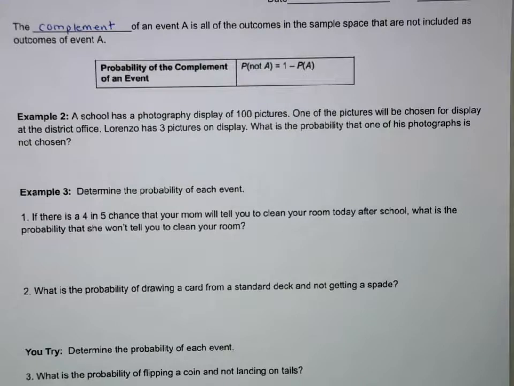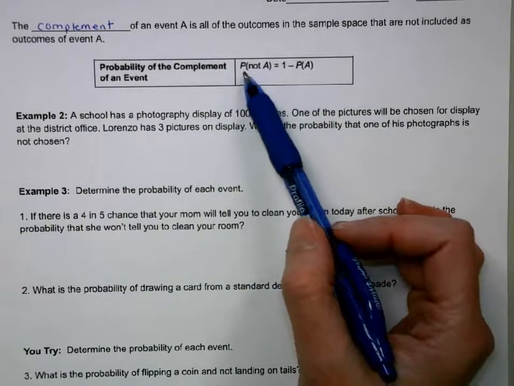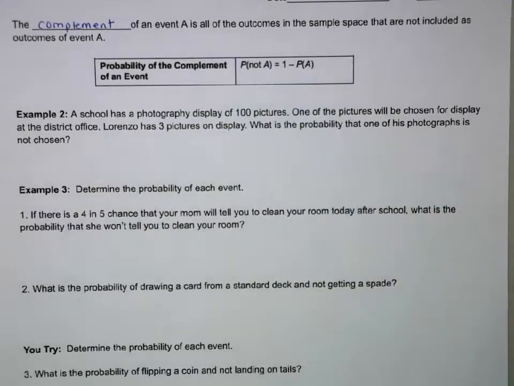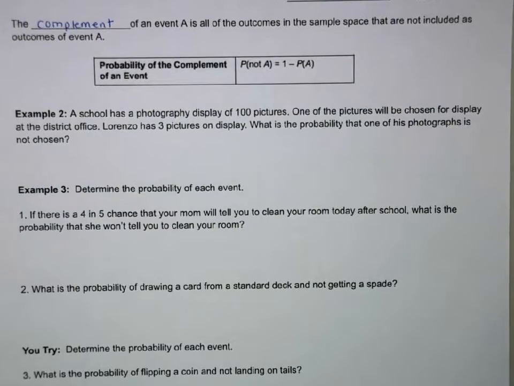The complement of an event A is all of the outcomes in the sample space not included in A. So how you'd calculate the probability of not A is going to be 1 minus the probability of A. So our example 2: a school has a photography display of 100 pictures. One of the pictures is to be chosen randomly for the office.